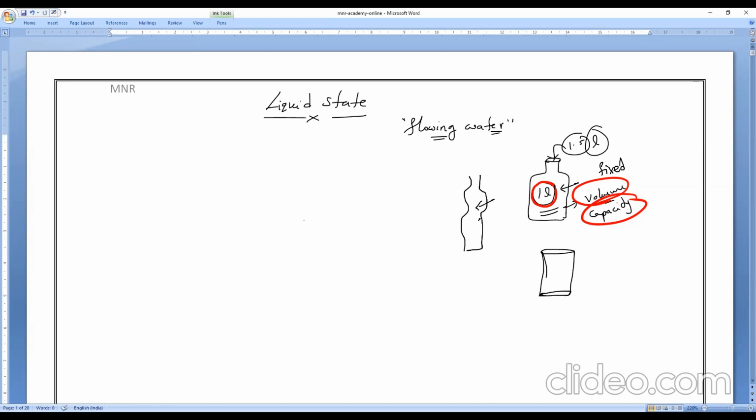Or else, if I go to our lab, we have beakers. Have you all noticed them in our chemistry lab? If I pour the same 1 liter of water, it will obtain the shape of this conical flask. If I put it in another one which has a shape like this, understand? If I put the same 1 liter of water in this, it will turn into the shape of this one.